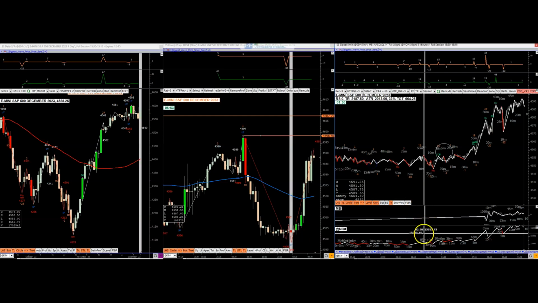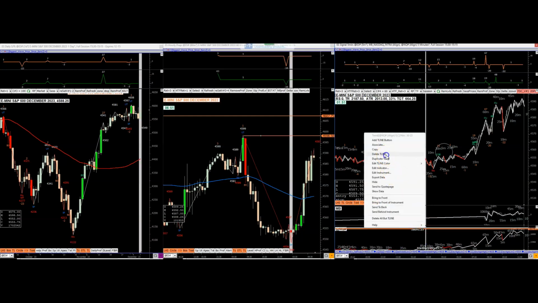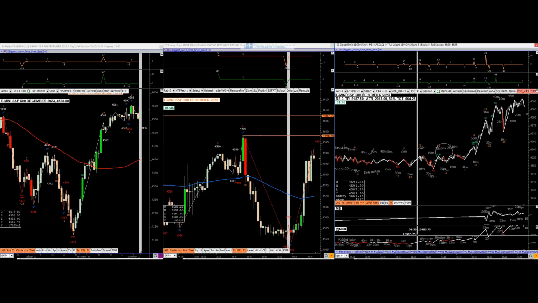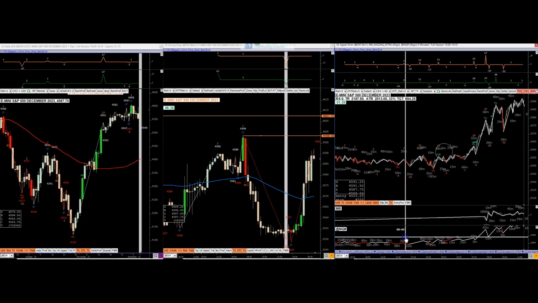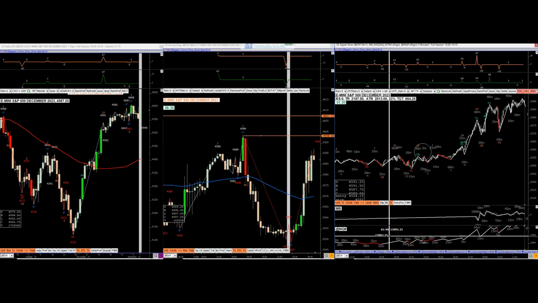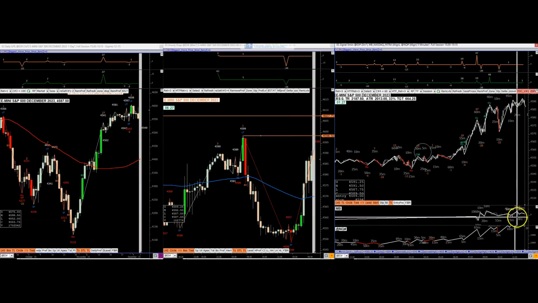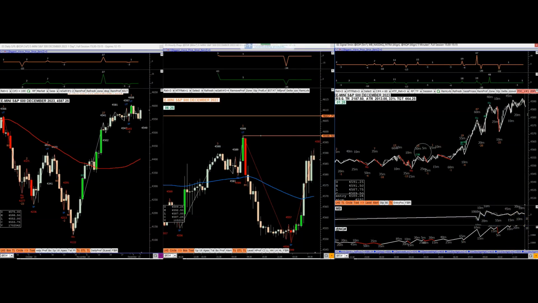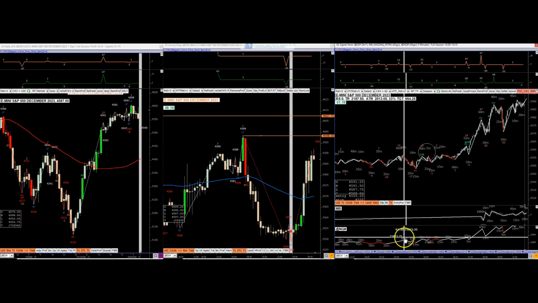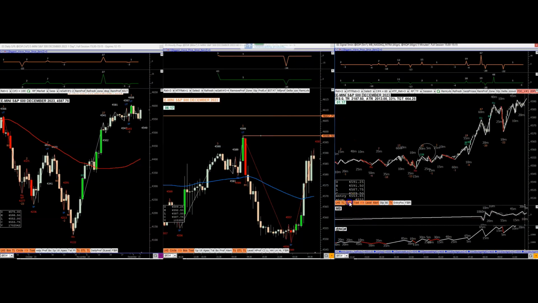Also, I explained that you need correlated markets, because a lot of times the price action in one market is iffy, but if you have correlated markets and there's buying in both or selling in both, it's a very good sign. Here in the NQ, what do you notice? This wave here is 85 minutes.